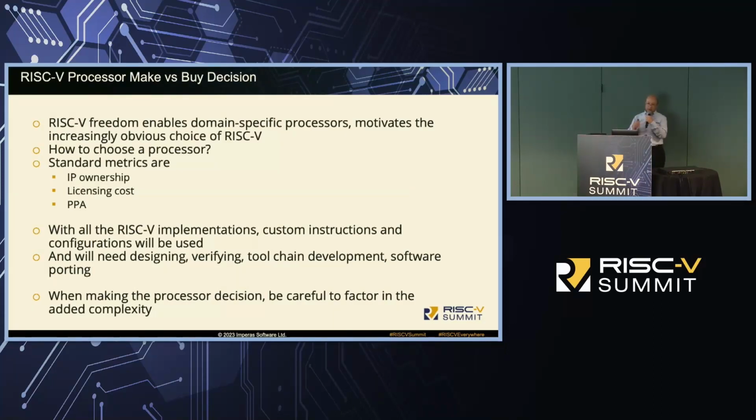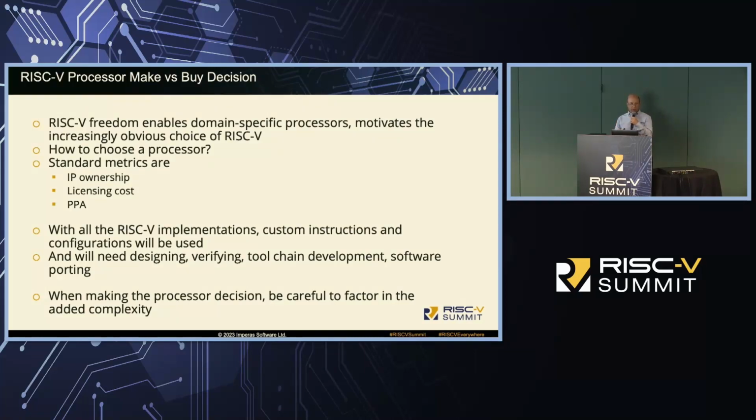So just to sum up here, the RISC-V freedom, again, is the key thing. The freedom enables domain-specific processors and motivates the increasingly obvious choice of RISC-V. How to choose a processor: the standard metrics, the IP ownership, the licensing cost, and the PPA.